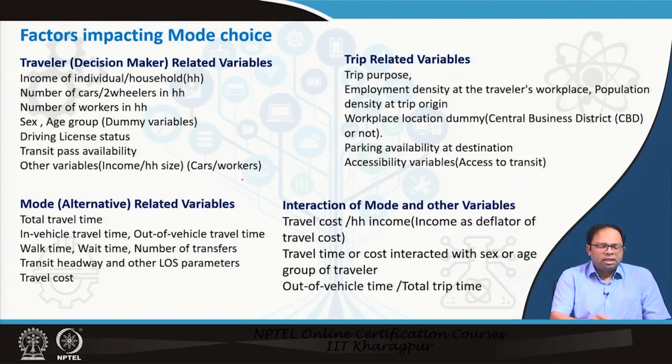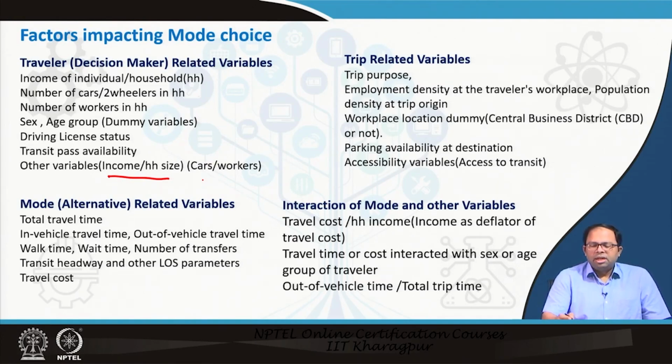These are not interaction terms, these are modified variables. Income divided by household size gives the impact of income on a person's decision making, because the larger the family, the less the impact of income becomes.